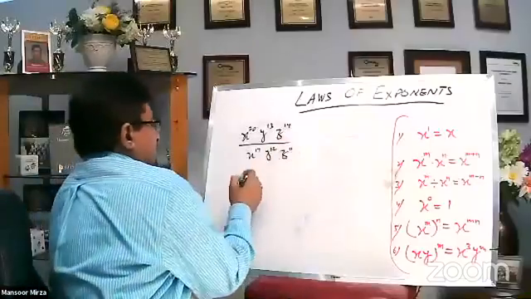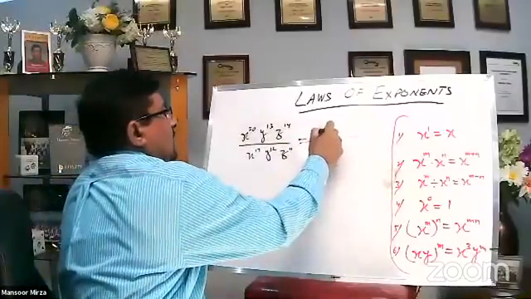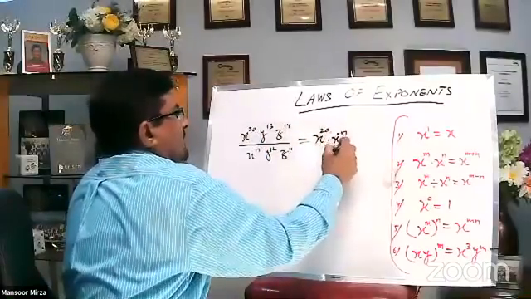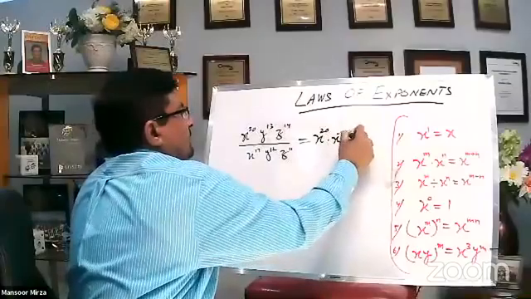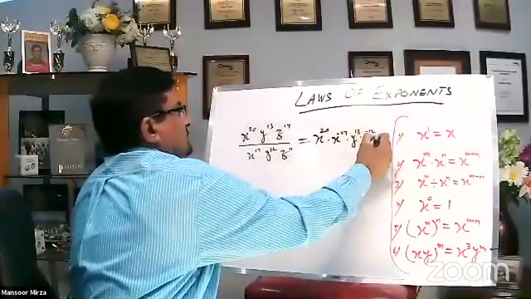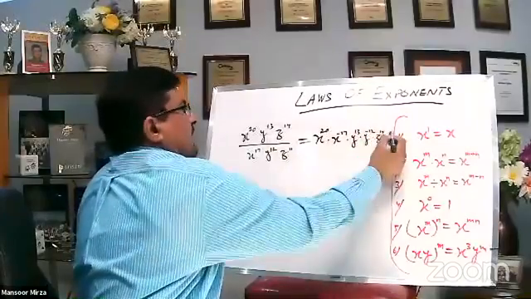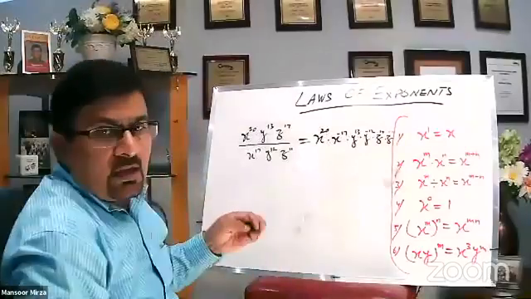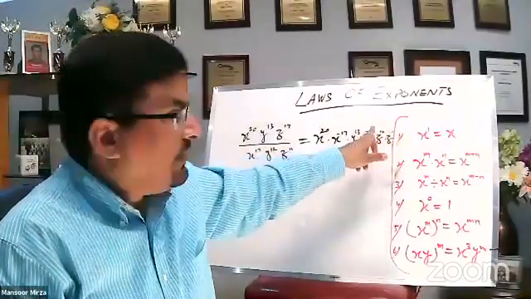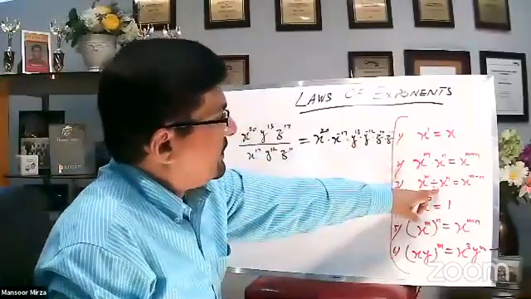How? Like this. So I can write down x^20, this x moves up, and I can say minus 17. Then I have y^13 and then this y is minus 12, z^14, and this z is minus 11. Remember why I have changed their exponents to minus 11, minus 12, minus 17? Because of these laws right here.